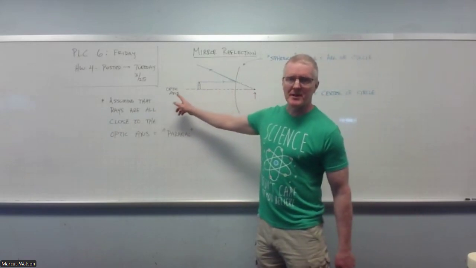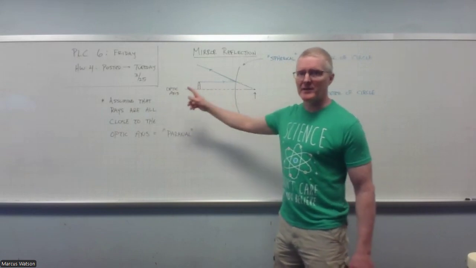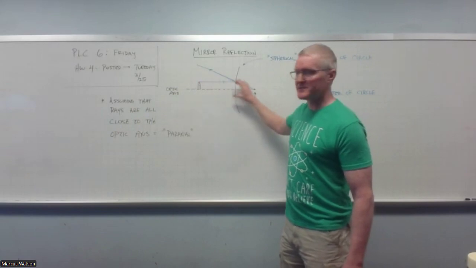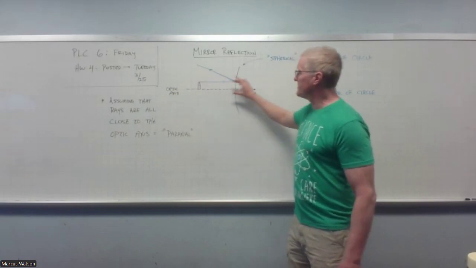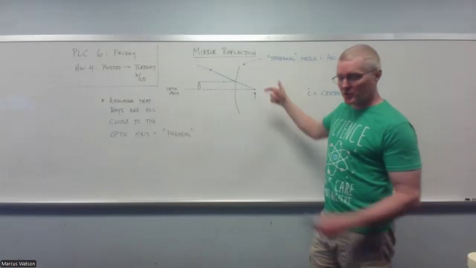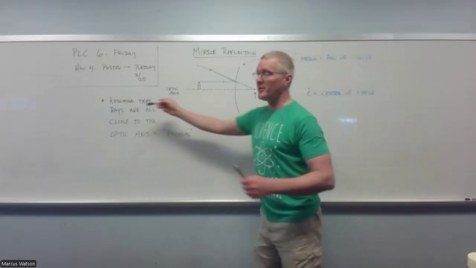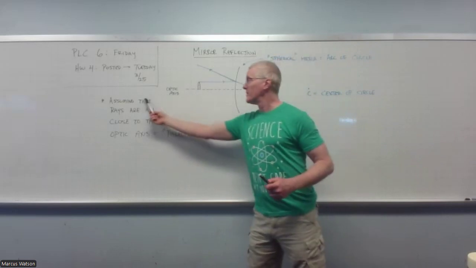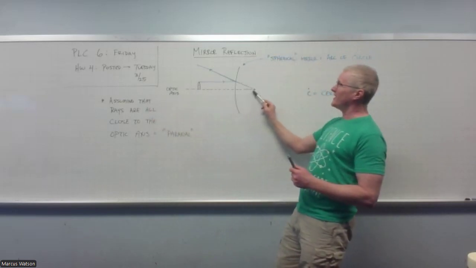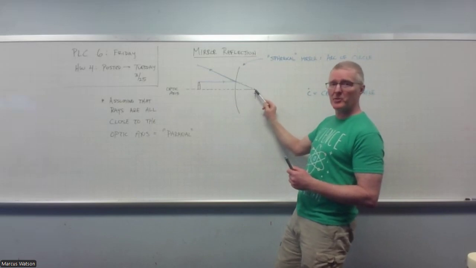So what I was in the middle of saying was any ray that comes in parallel with this axis, and of course is close to the axis, right? Any ray that comes in parallel will get reflected and will look as if it came from this point. So I could equally well have drawn some other incoming light, not from the candle, but something else from in here, and it would have bounced off. And had I just kind of dotted it back here, it would have looked like it came from this point.